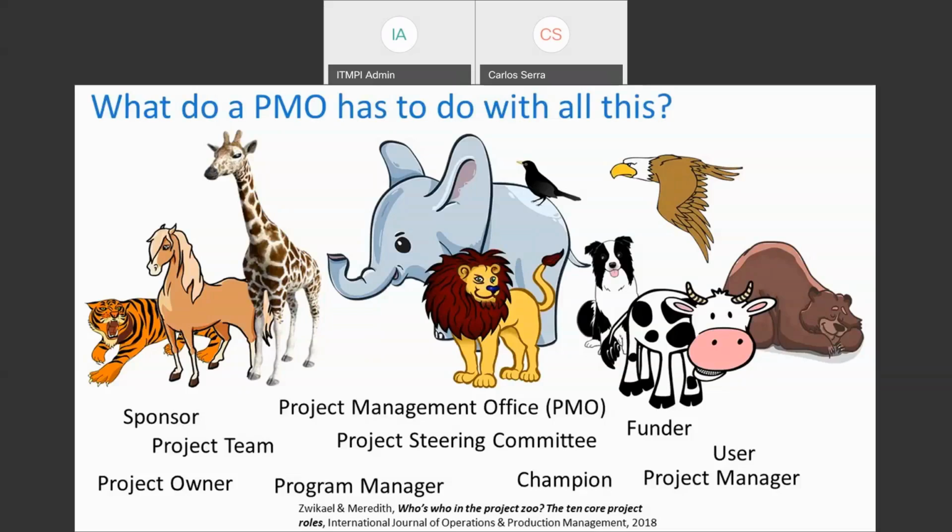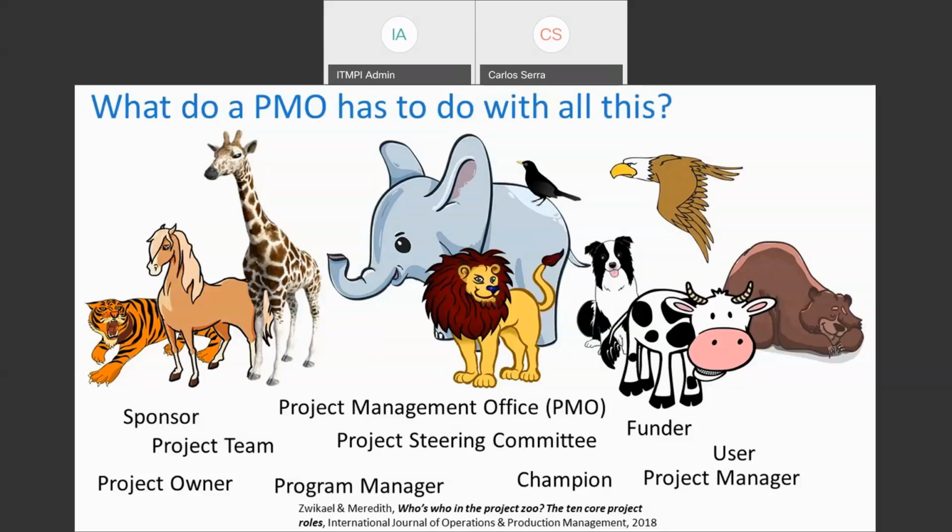Therefore, the PMO is directly involved with the issue presented in the previous slide, because it normally helps the organization to select the right set of tools and techniques. And then it is normally responsible for guiding, supporting, and controlling their appropriate utilization all across the organization. But this is not an easy task.